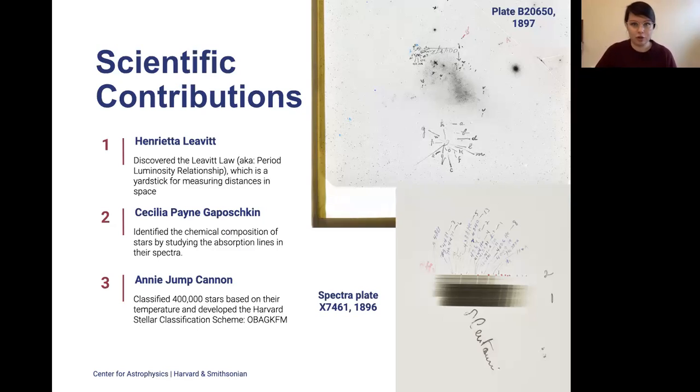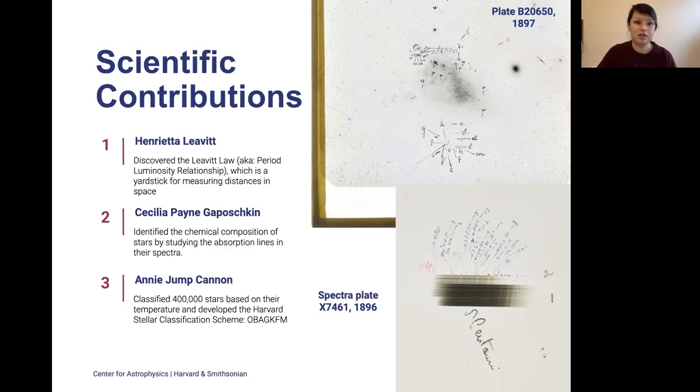One thing that I'm sure most of you, if you're transcribing for PHaEDRA, know is that these notebooks and also these glass plates are extremely important for recognizing scientific contributions that women made to astronomy. So just to name three very briefly, we have Henrietta Leavitt, and I do believe many of her notebooks were transcribed already through PHaEDRA.